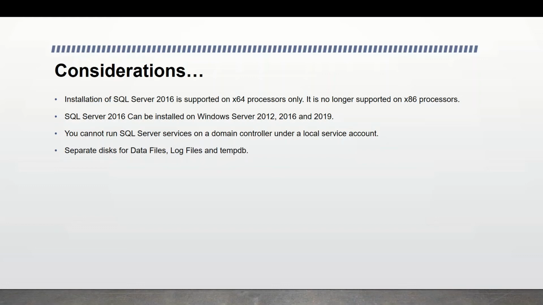We were able to do that up until SQL Server 2008 R2, but since then it has changed and we can only install Microsoft SQL Server on a 64-bit machine. SQL Server 2016 can be installed on Windows Server 2012, 2016, and 2019.